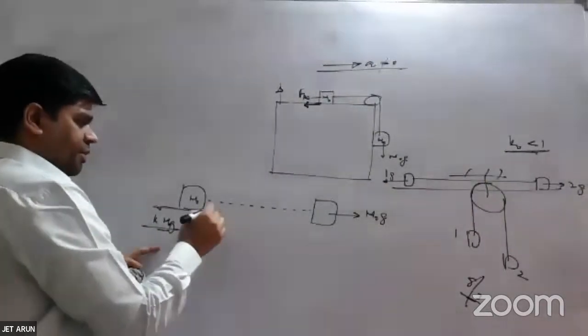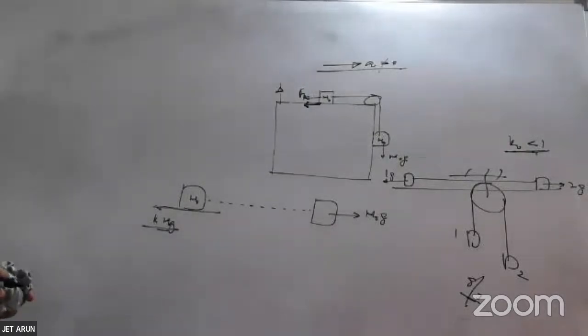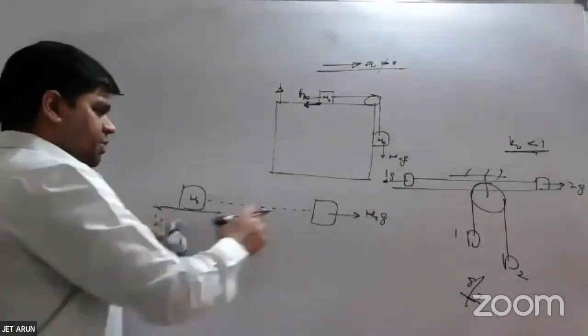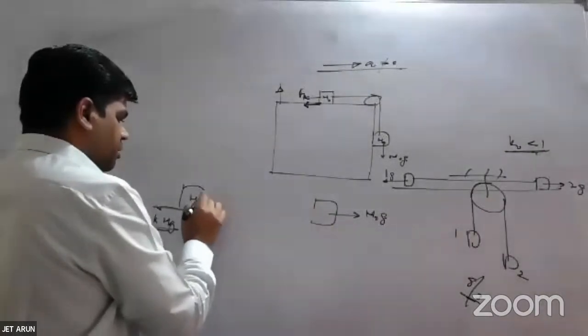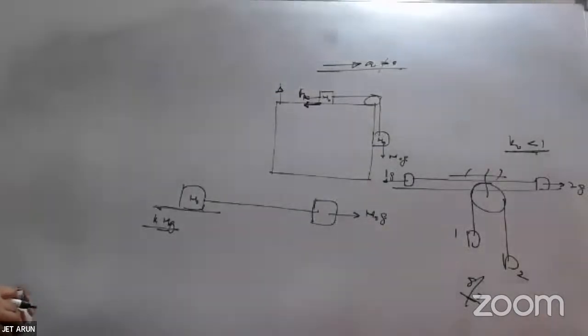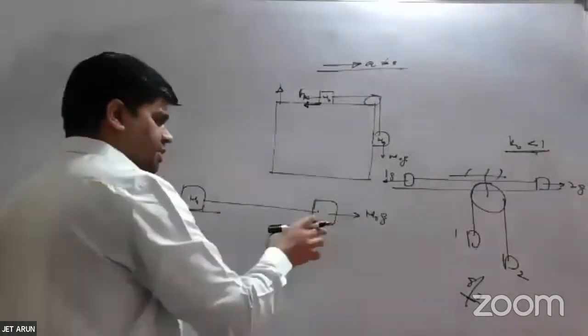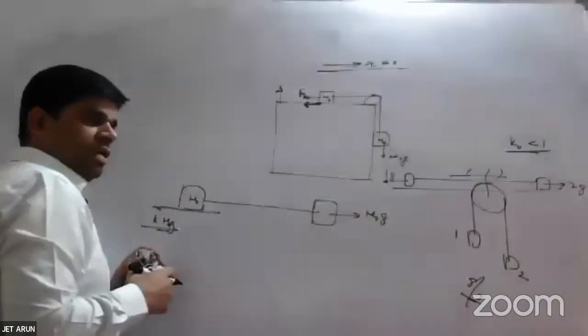So it will go towards right. Is it okay? Yes, sir. Now, because they are moving together with the same acceleration, hypothetically on this straight horizontal level, I can treat them as one block.